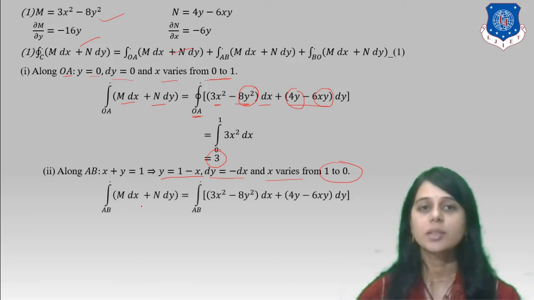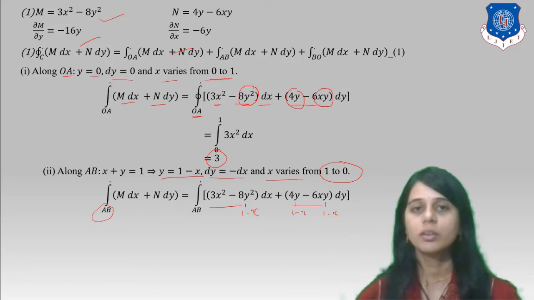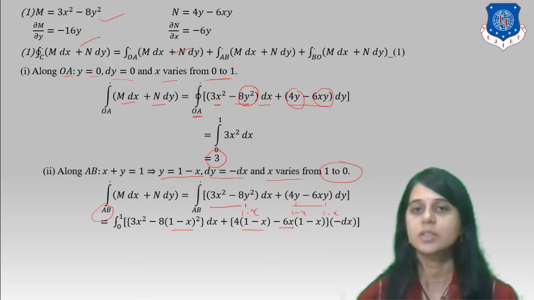Taking the formula M dx plus N dy for the path AB, put the value y equal to 1 minus x: we get 3x square minus 8 (1 minus x) whole square plus 4 (1 minus x) minus 6x (1 minus x). For dy, we take minus dx, and the interval is 0 to 1.